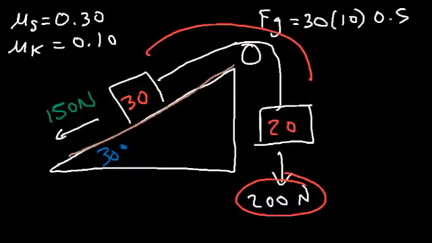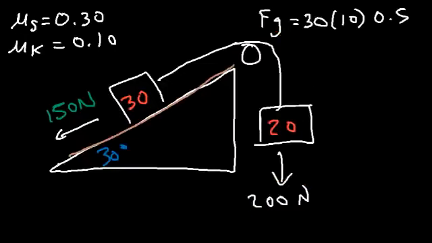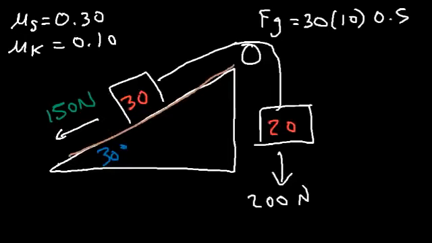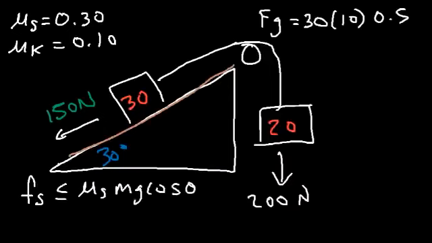But if static friction is 50 newtons or more, the system will be at rest. If F of s is less than 50, then the 200 newton force will be more than enough to compensate for F of g plus the frictional force. So we have to calculate F of s. F of s is less than or equal to mu s times the normal force, which on an incline is mg cosine theta.